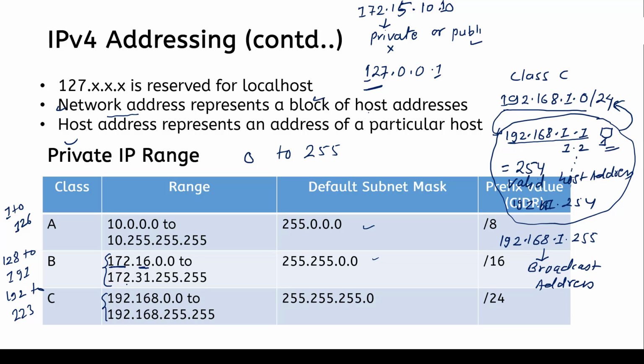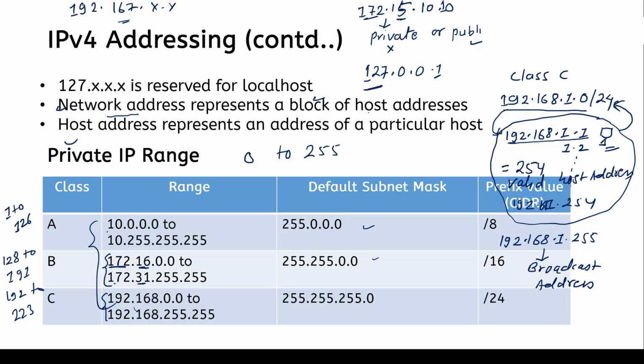Since the second block of the given IP address does not fall in the range from 172.16 to 172.31, this is not a class B private address. Rather, this is a class B public IP address. So if I have 192.167.x.x, then this is also a public address, because this is out of this range.